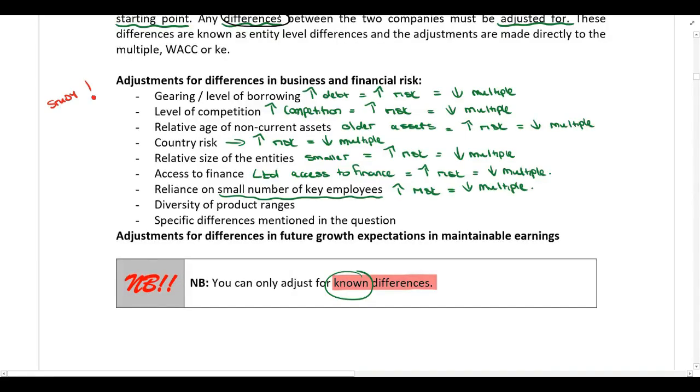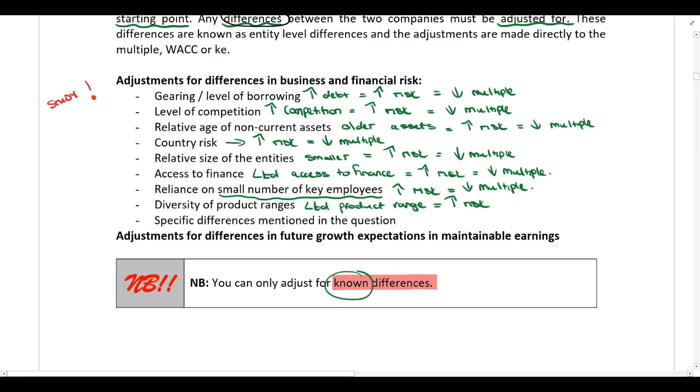We then need to consider the diversity of their product ranges. If a company has a very limited product range, so for example, they only sell 1 or 2 different products, that is going to increase the risk of the company. Why does it increase the risk?